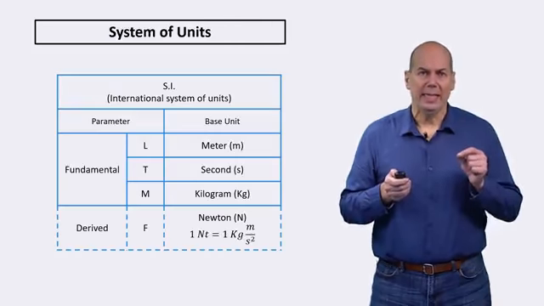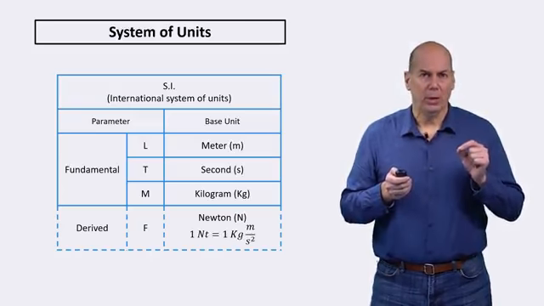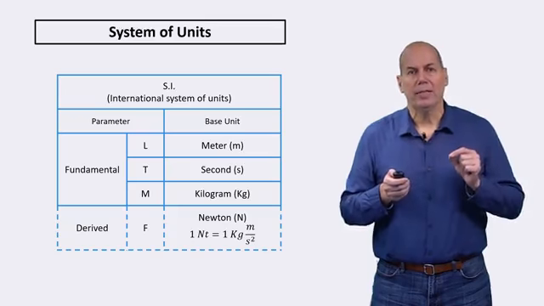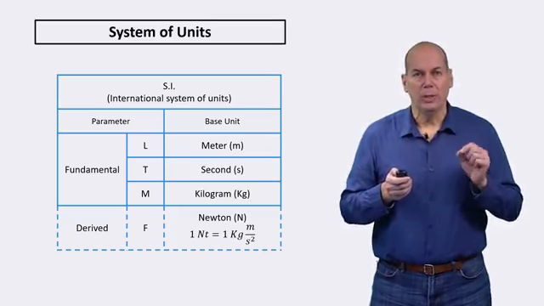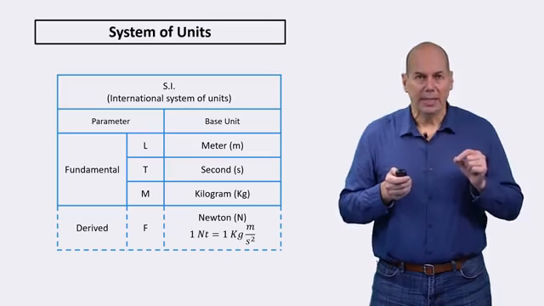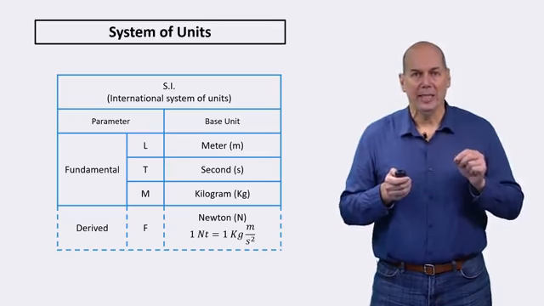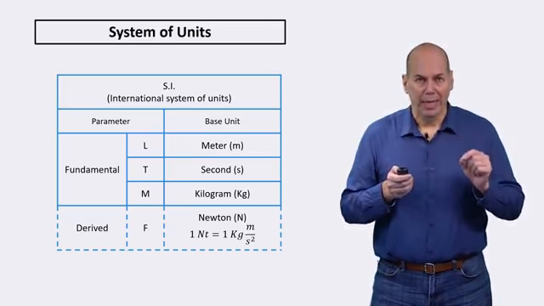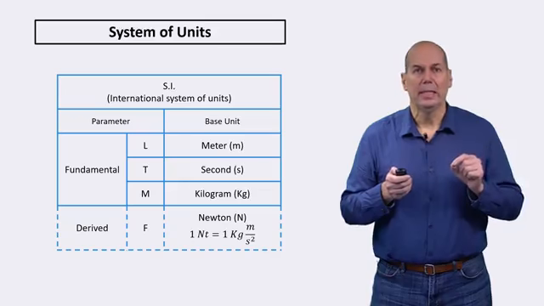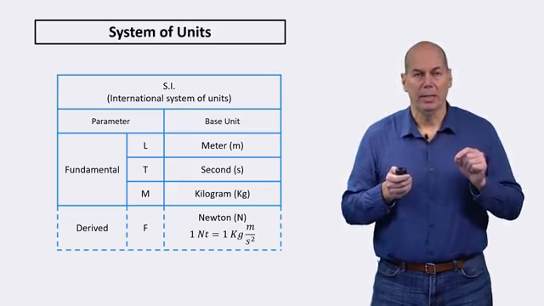Now, to define any quantity, to measure any quantity, to define the magnitude of any quantity in mechanics, we need to have some units. Let us introduce the units for the fundamental quantities in 2 different systems. The first system is what we call the International System of Units, which uses for length the unit of meter, for time the unit of second, and for mass the unit of kilogram.